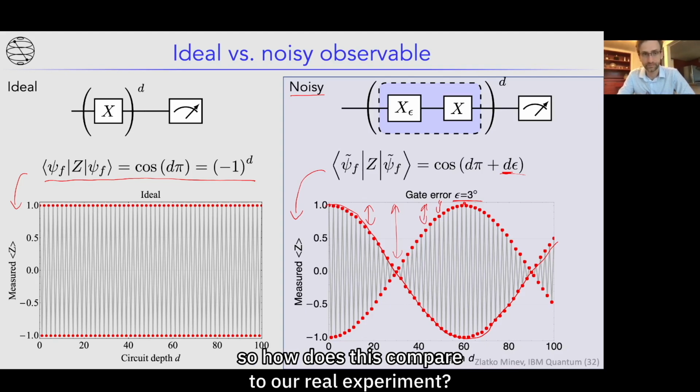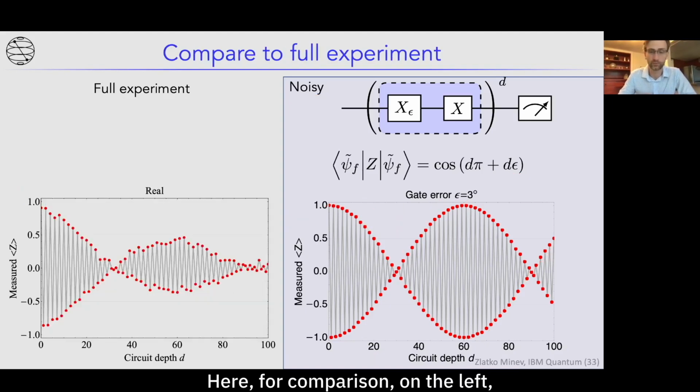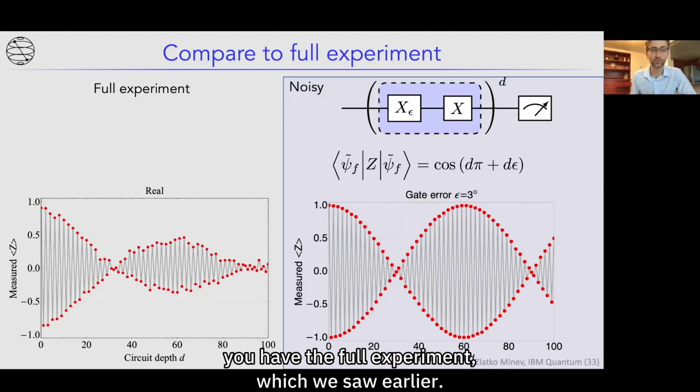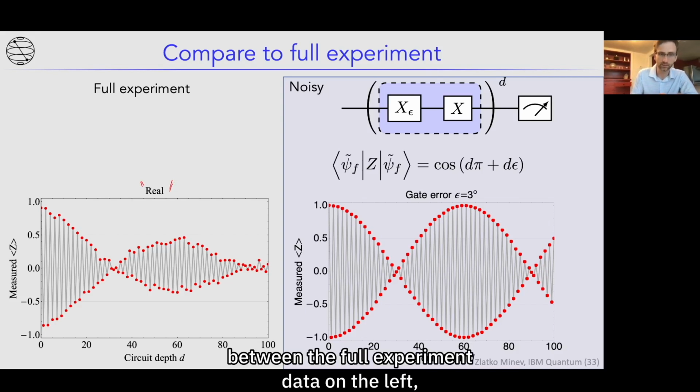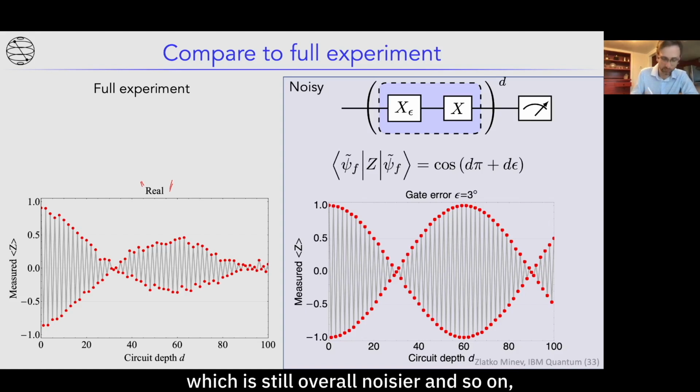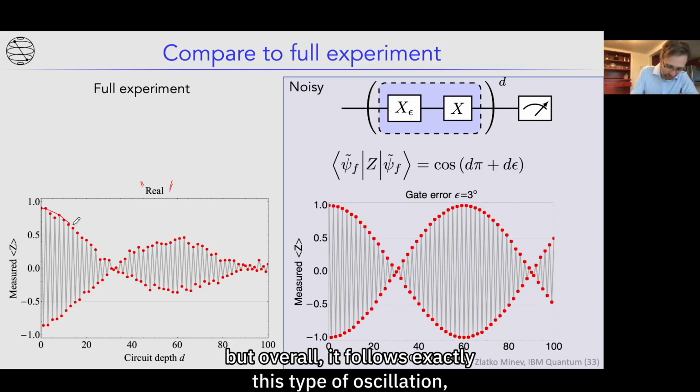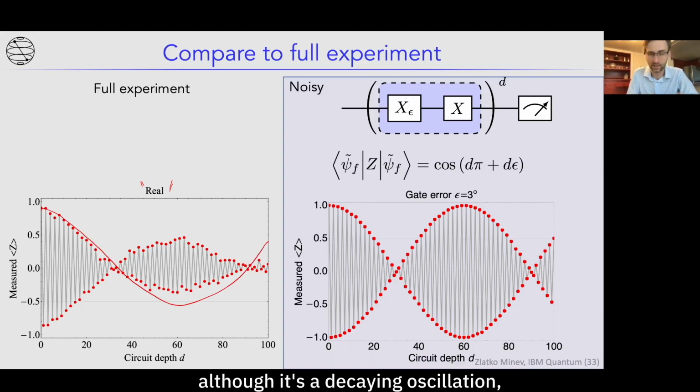So how does this compare to our real experiment? Here, for comparison, on the left, you have the full experiment, which we saw earlier. That's why I wrote real. And you notice a visual similarity between the full experiment data on the left, which is still overall noisier and so on, but overall it follows exactly this type of oscillation, although it's a decaying oscillation, so we'll see why that is later.